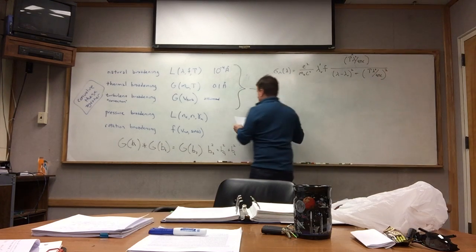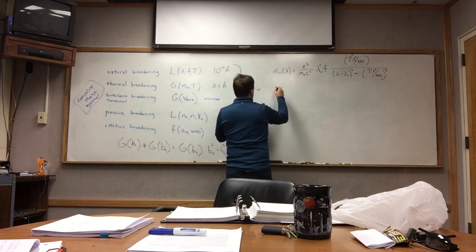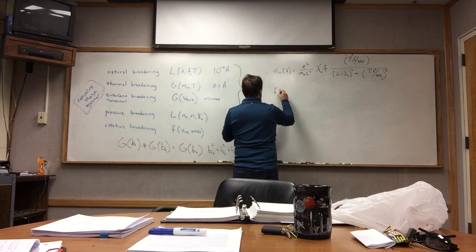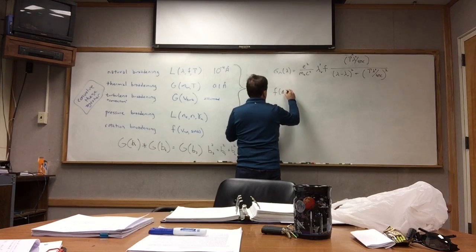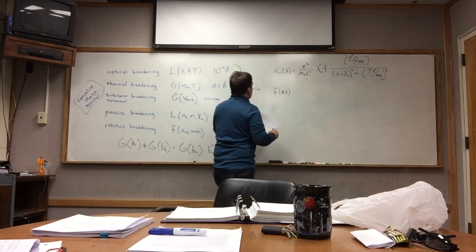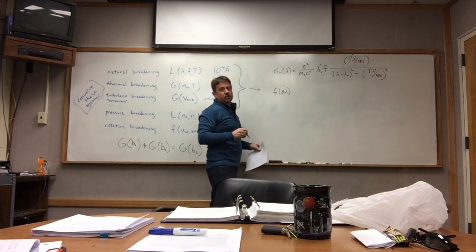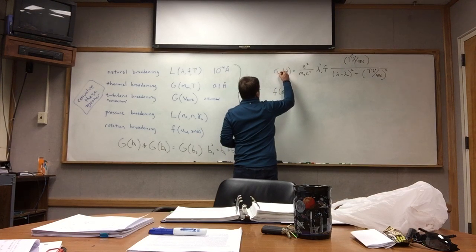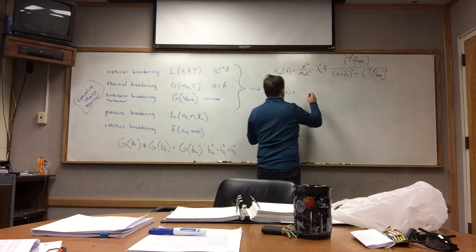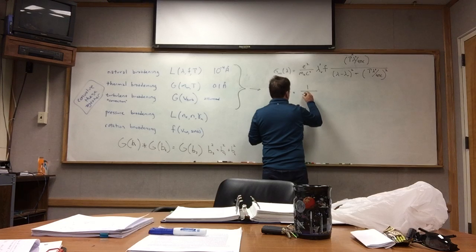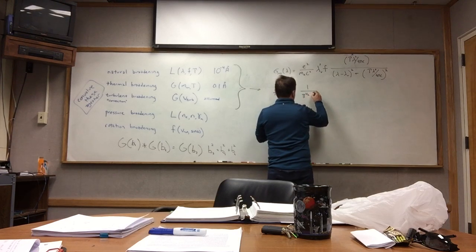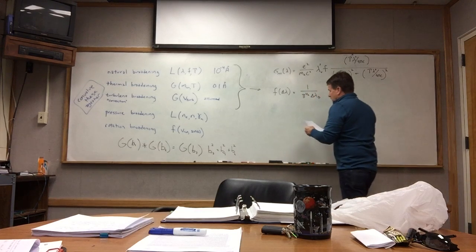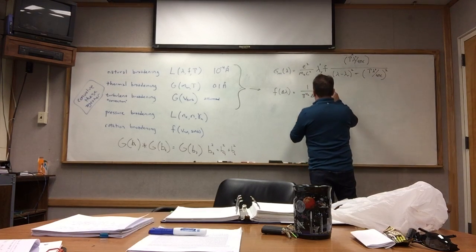All right, and then you have the Doppler, or the broadening one, which I'm going to call F of delta lambda. Okay, that's N for natural, if you will. This is a Gaussian, and it's normalized such that when you integrate over all wavelengths, you get unity.